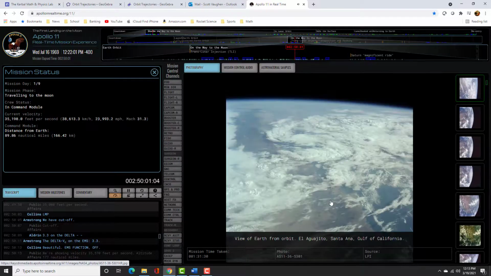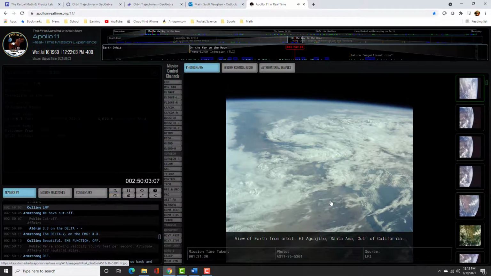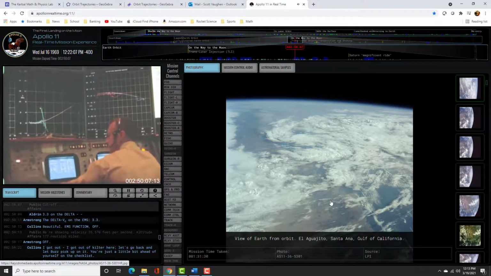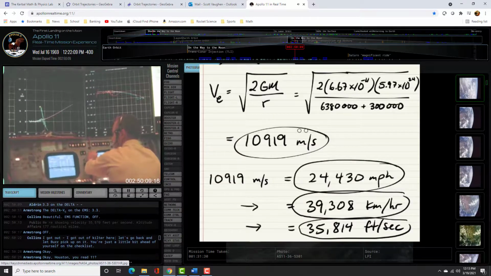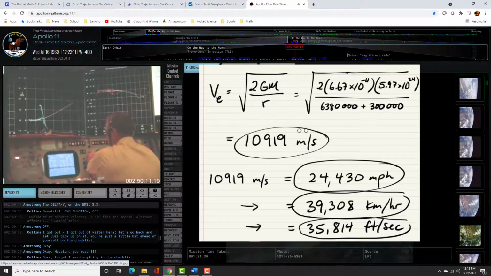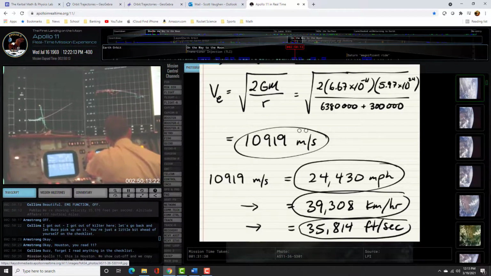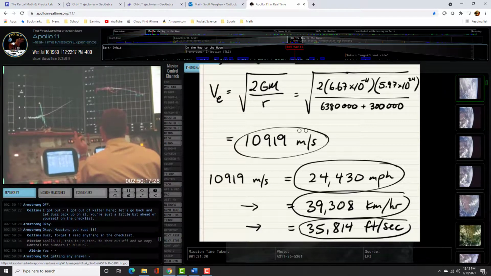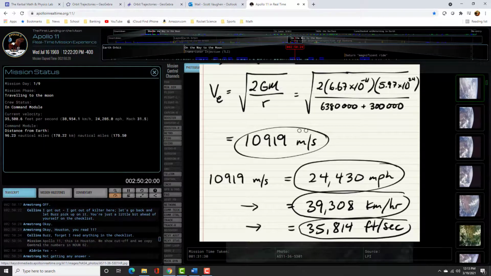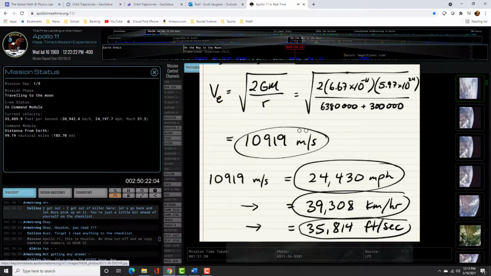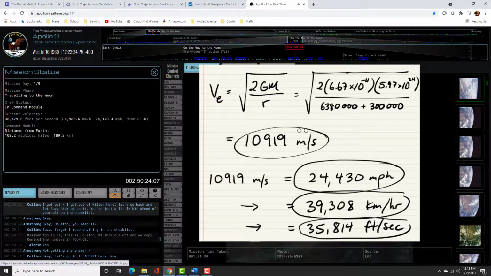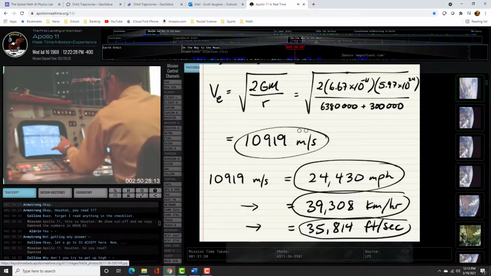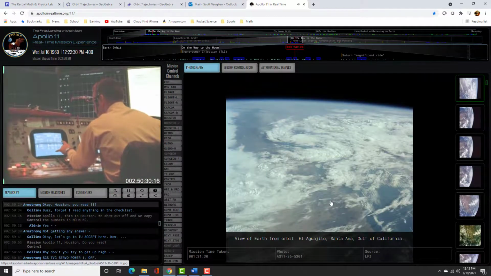So yes, they did stay within that escape speed number that I had calculated. It got really, really close, but still was less. So this indicates they're on a free return trajectory, meaning their orbit is still elliptical, and without any additional orbital maneuvers later, they would return to low Earth orbit.